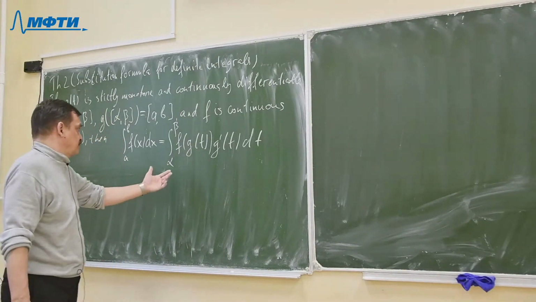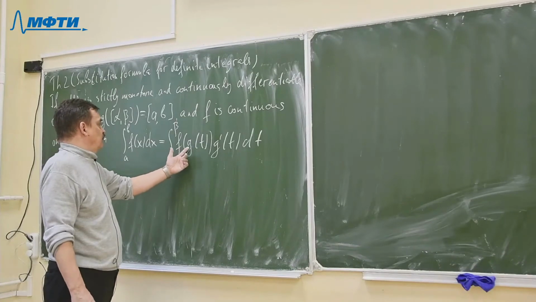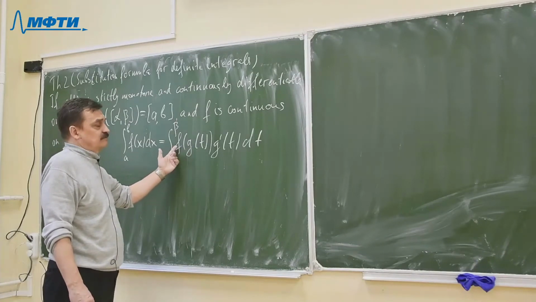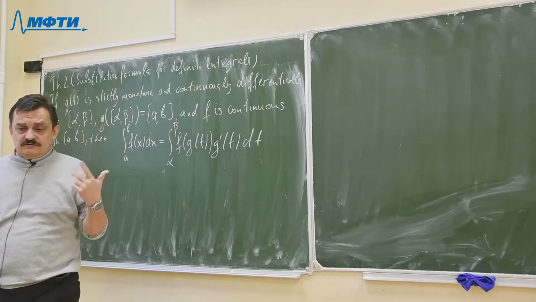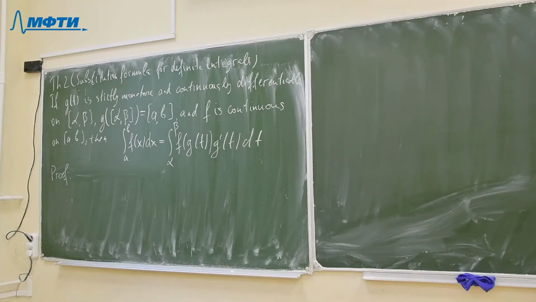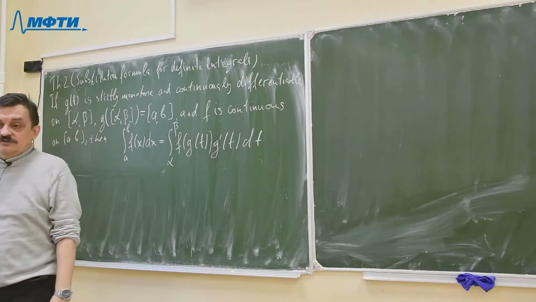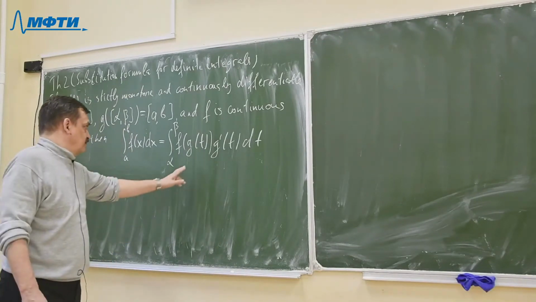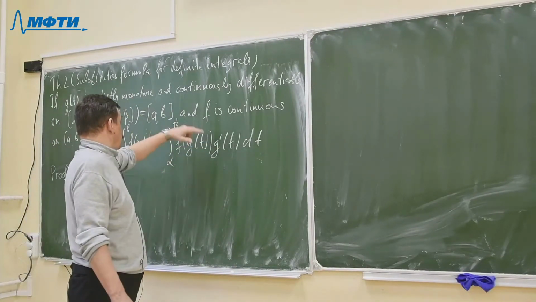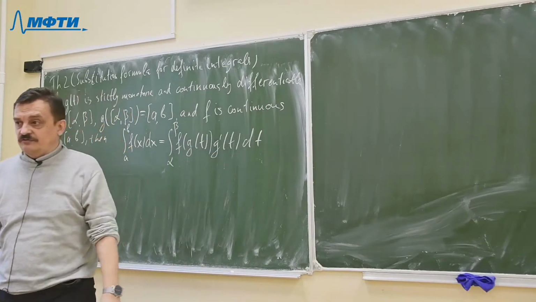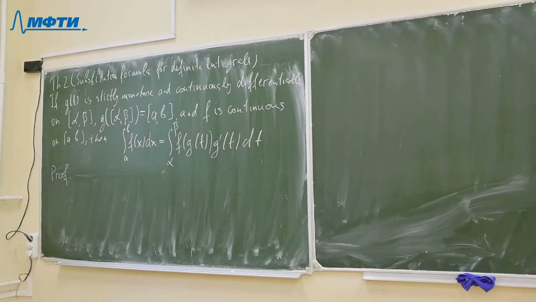Why? Because here we have a composition of two continuous functions that is also continuous, and g prime is continuous as well, so we have a product of two continuous functions and everything is okay.